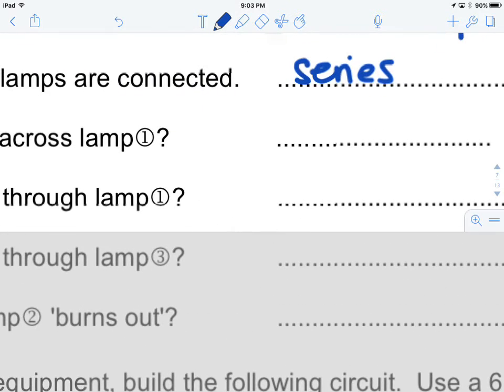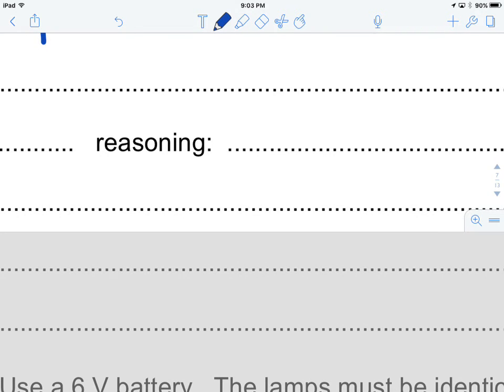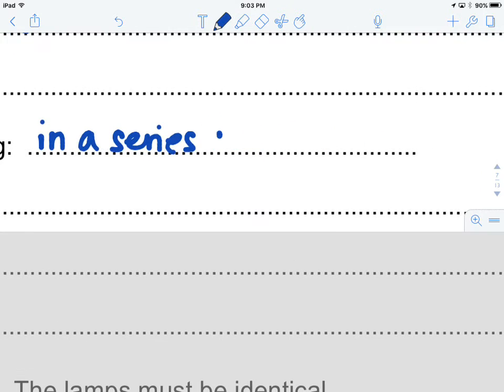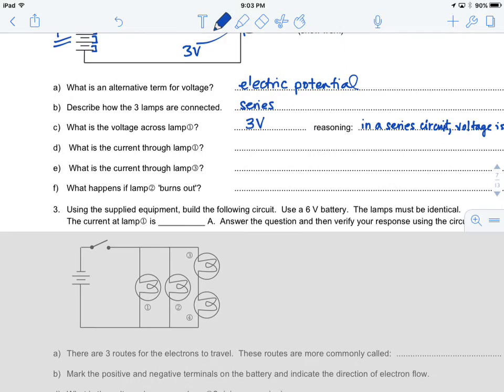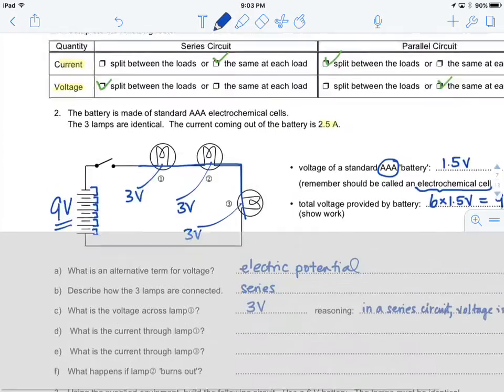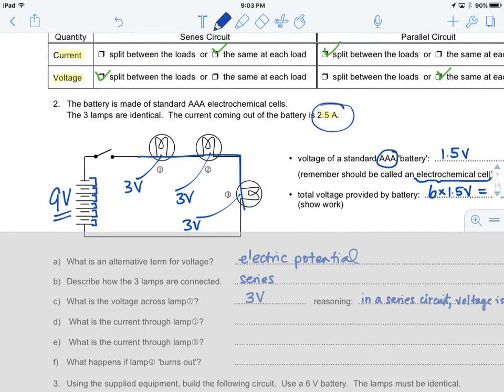So what is the voltage across lamp 1? 3 volts. Our reasoning is that in a series circuit, voltage is split. What is the current through lamp 1? Don't let this throw you. We've been told that the current coming out here is 2.5 amps.